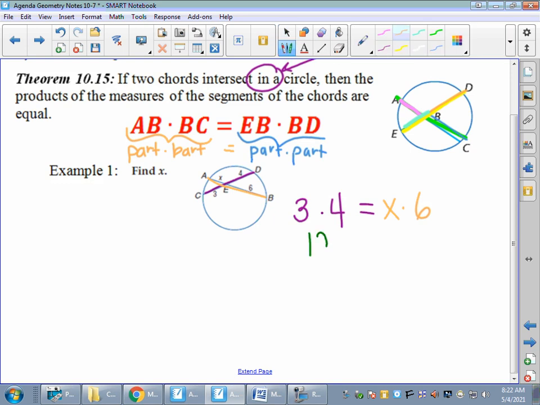If 12 equals 6x, x must be equal to 2 when we divide both sides by 6. So part times part for each chord is equal to the other part times part. So we just found out that this little segment AE has to be equal to 2. All right, so there's our first theorem. That's what happens when our two chords intersect inside a circle.